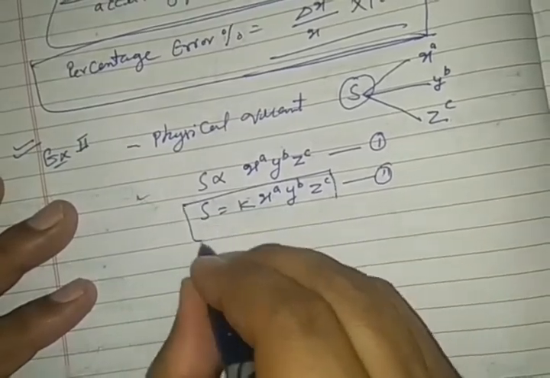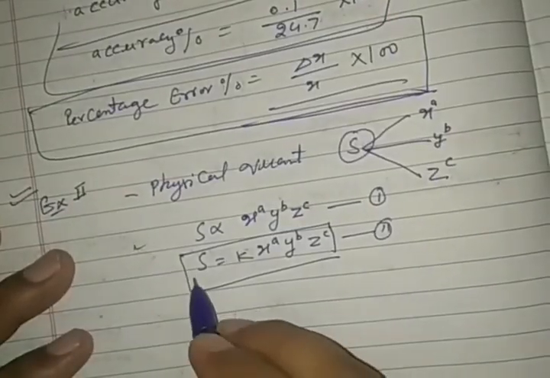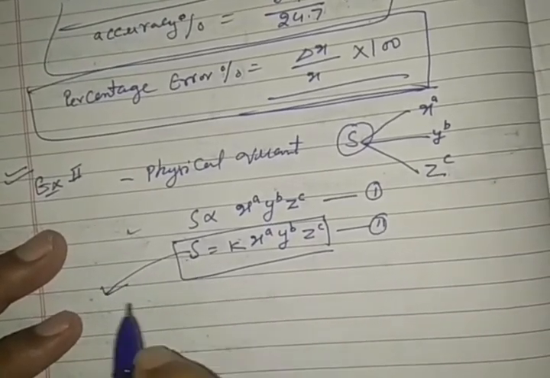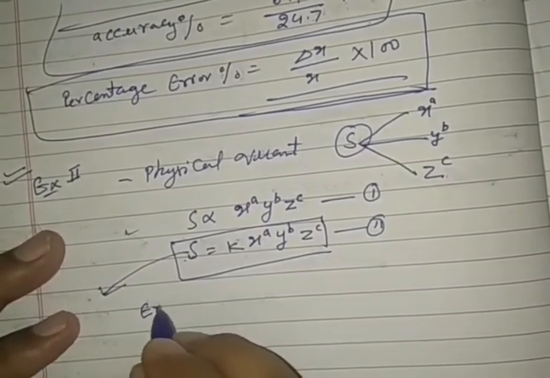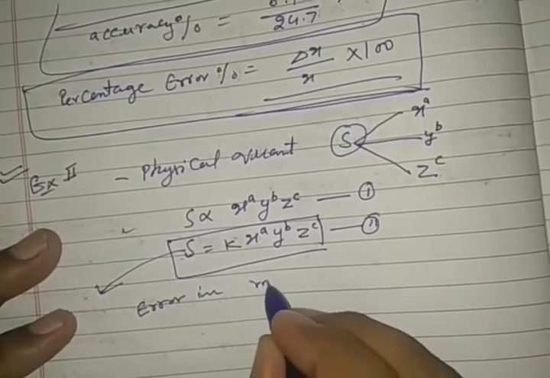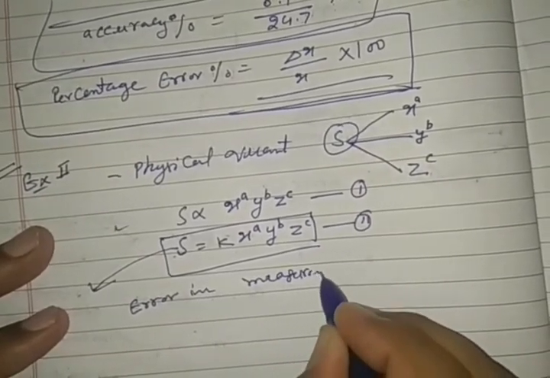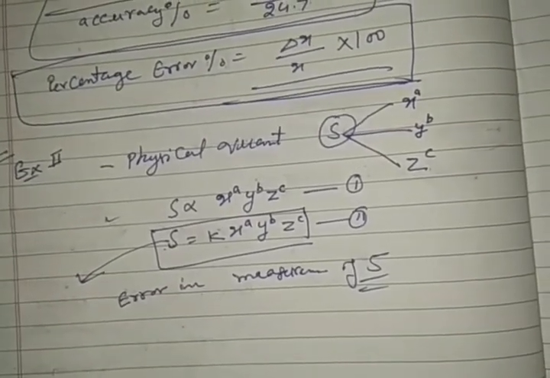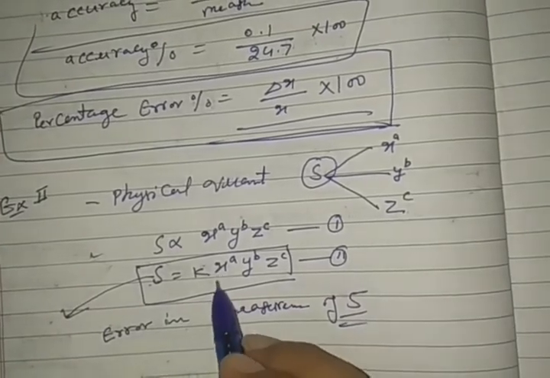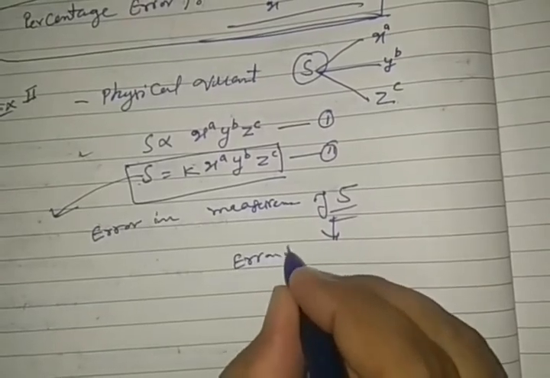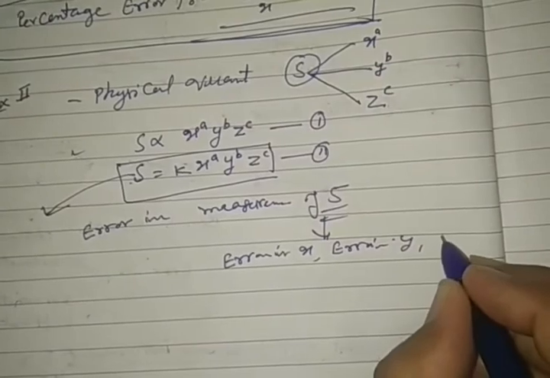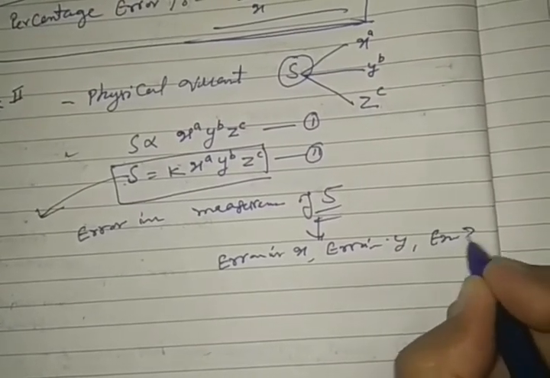This is the formula. If it is asked to calculate the possible error in measuring the physical quantity S, the error in the measurement of S is due to the error in x, the error in y and the error in z.